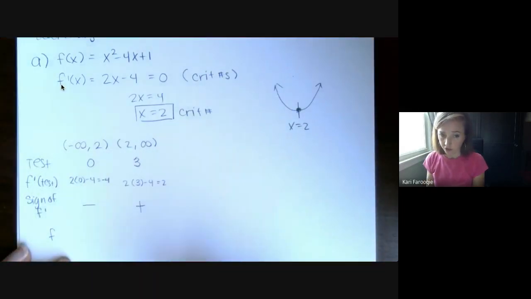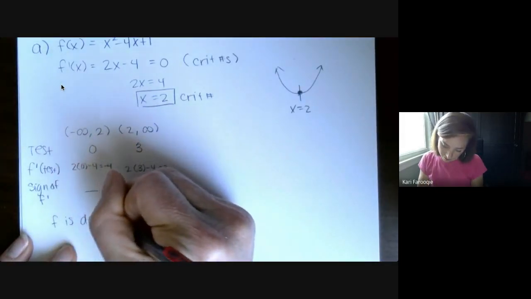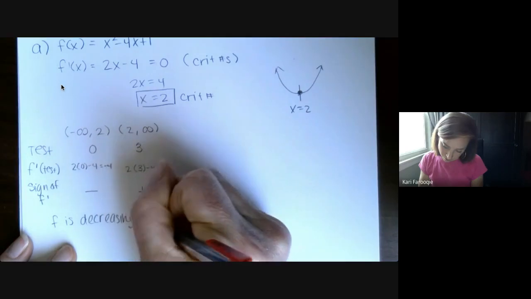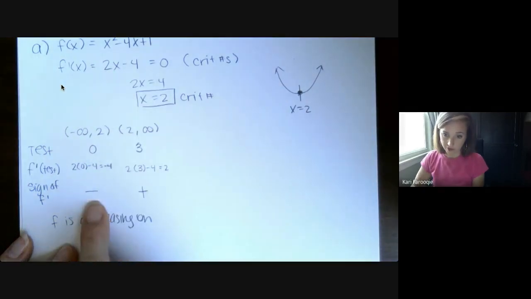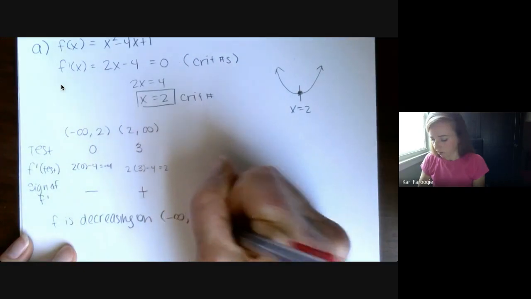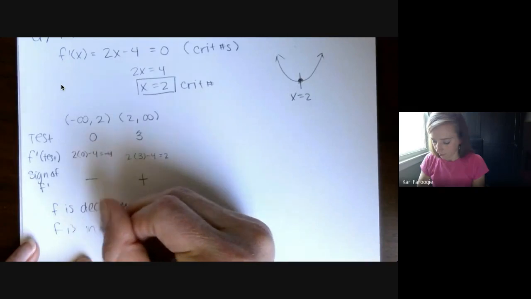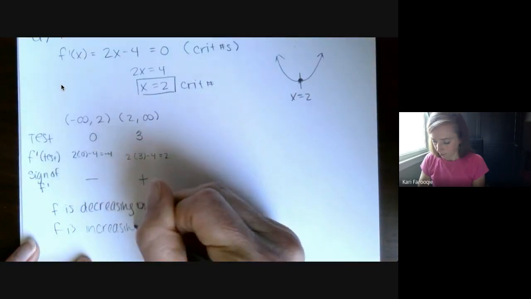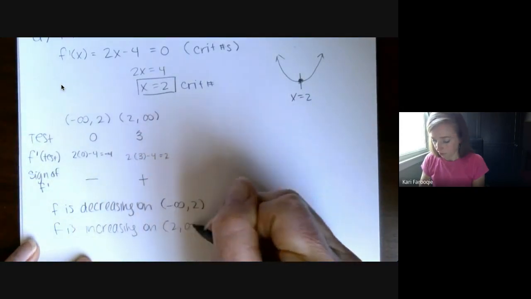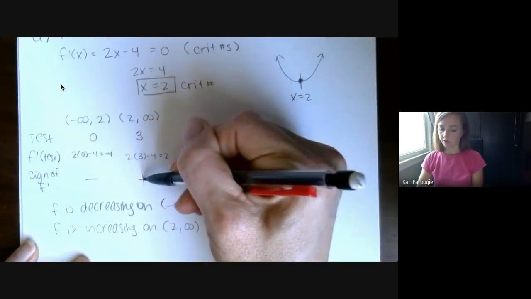f, not f prime, f is decreasing because the derivative is negative on the interval from -infinity to 2, and f is increasing on the interval from 2 to infinity, because your derivatives are going to be positive.